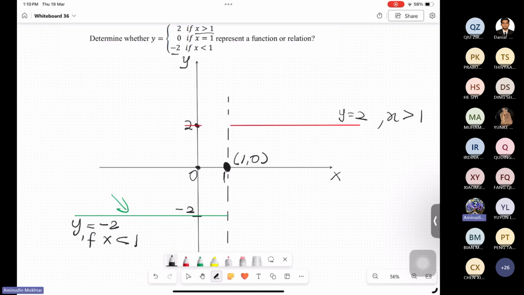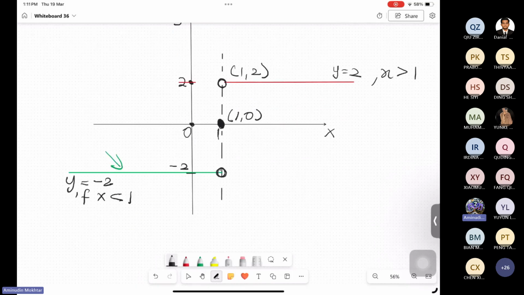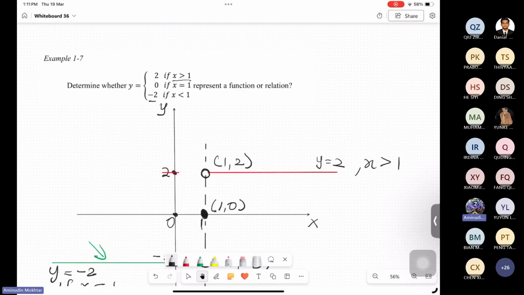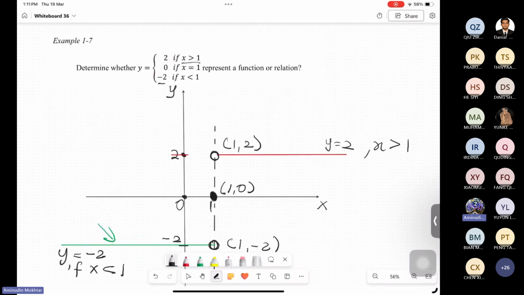Now at line x equals 1, there is a coordinate point here. This coordinate point is for x equals 1, y equals 2. The other one is x equals 1, y equals -2. So based on this equation, when x equals 1, y equals 0.